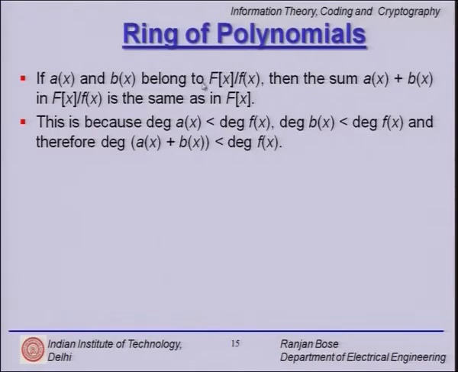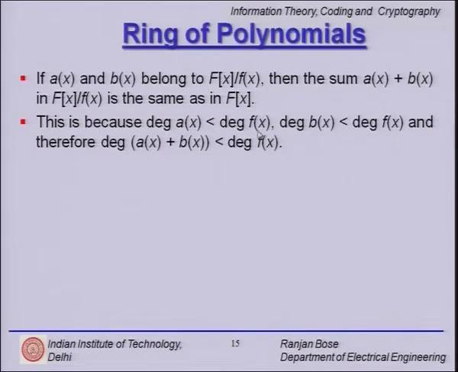We are still going to do operations of addition and multiplication contained in this set capital F(x), but now all the operations will be done modulo small f(x), that is, whatever is the residue or remainder after dividing by small f(x) is the answer. Okay, and this you can check, degree of a(x) is less than degree of f(x).